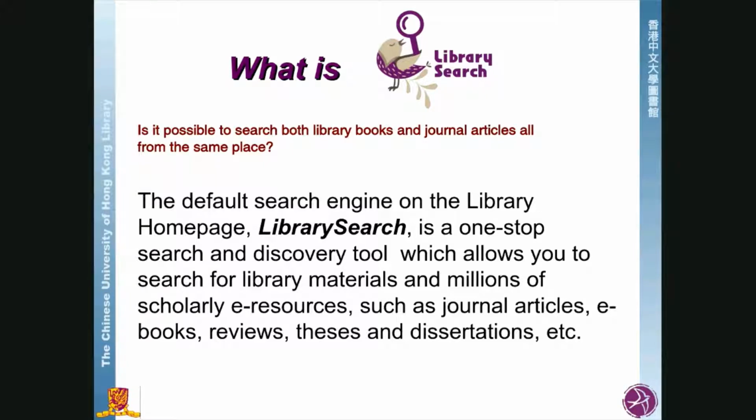It's a one-stop search and discovery tool which allows you to search for library materials and millions of academic or scholarly e-resources, such as journal articles, books, theses, dissertations, etc.